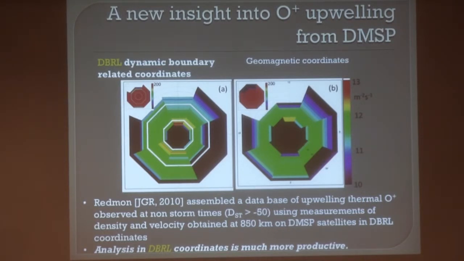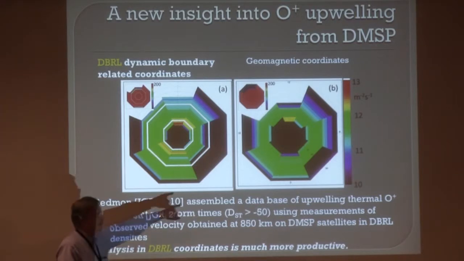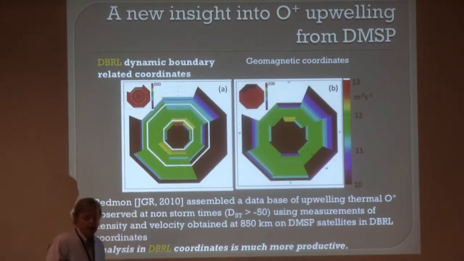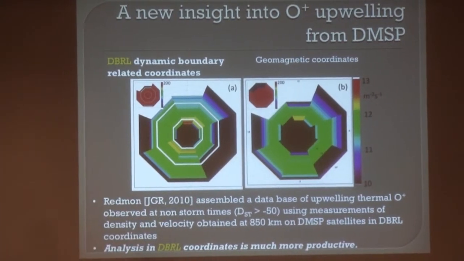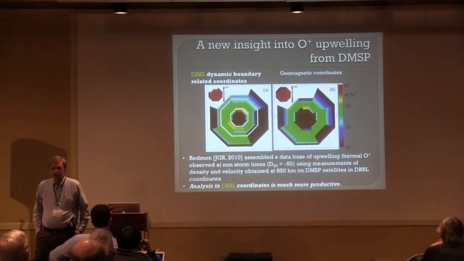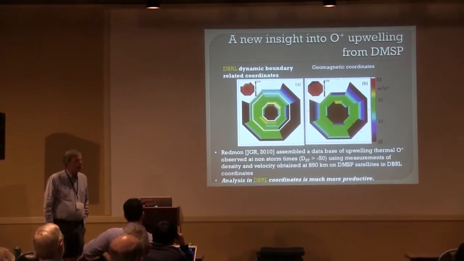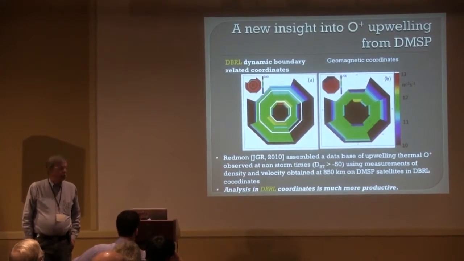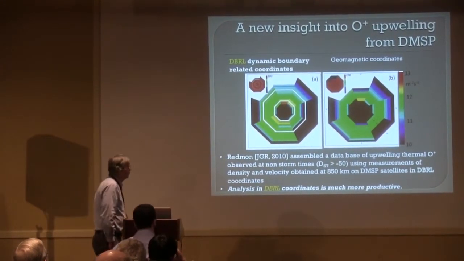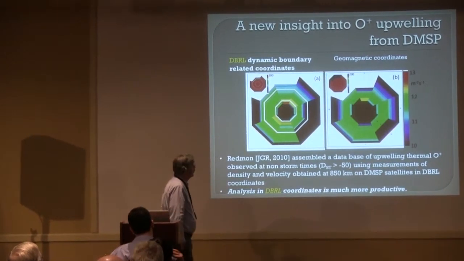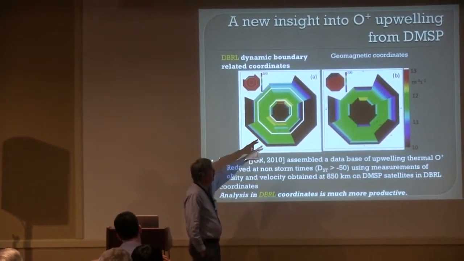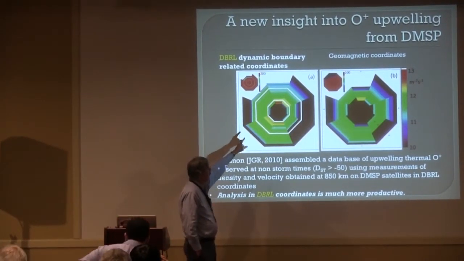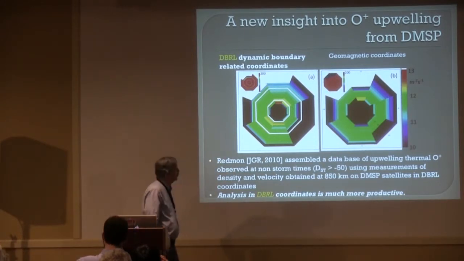So this is the database sorted in invariant latitude and magnetic local time. And then what he did is he took the DMSP electron precipitating data and defined auroral boundaries, a poleward and equatorward boundary, and sorted the data into auroral coordinates. So the white line is the equatorward boundary, and the inner white line is the poleward boundary.